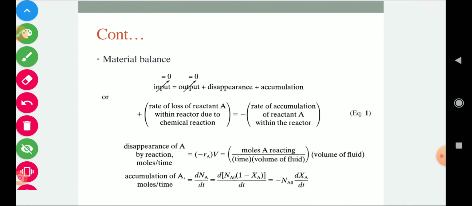Second is the accumulation of A. If Na is the number of moles of A, then dNa by dt will give the rate of change of moles of A per unit time.